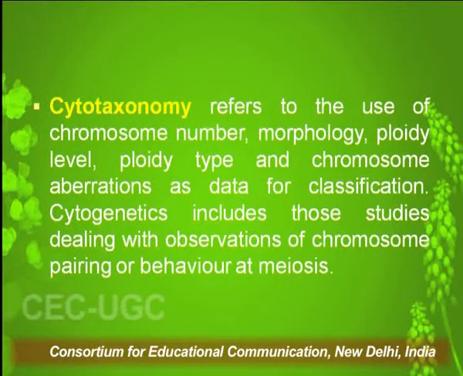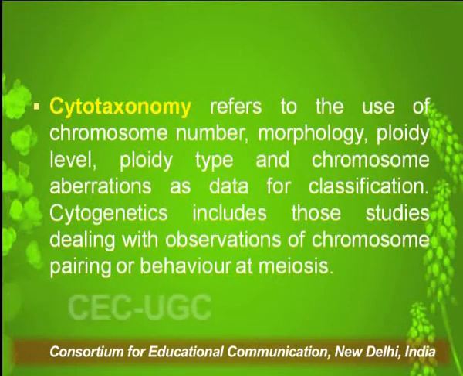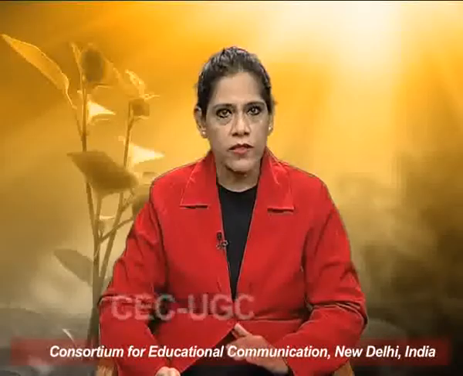Cytotaxonomy refers to the use of chromosome number, morphology, ploidy level, ploidy type, chromosome aberrations as data for classification. And cytogenetics includes those studies dealing with the observation of chromosomal pairing or behavior at meiosis.